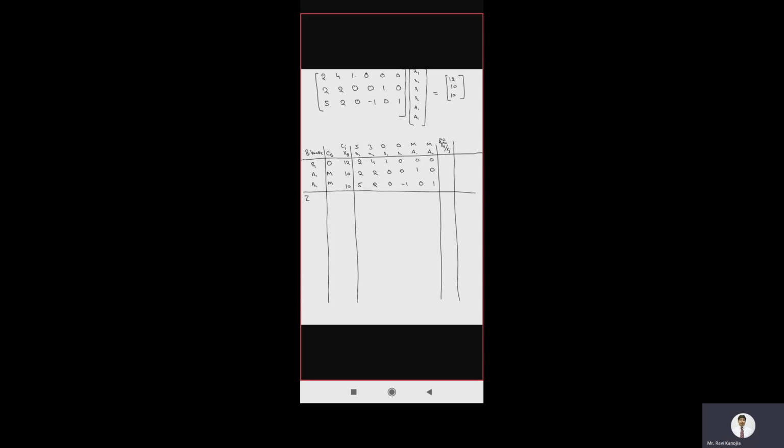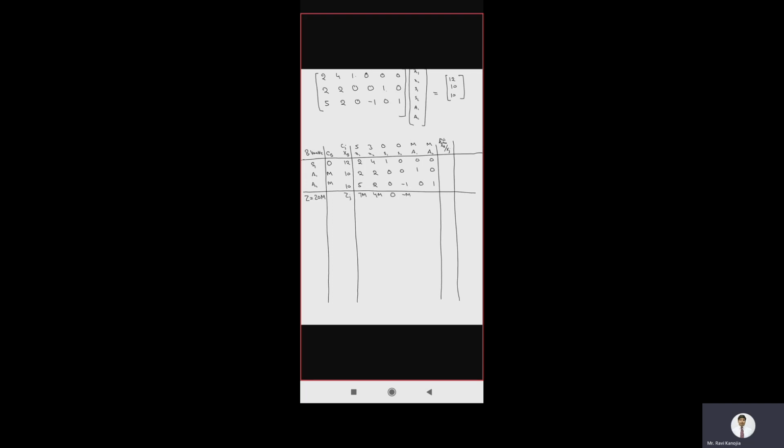So Z, the first entry is 20M. Here we have 20M. After that, we calculate Zj. So we can see that 2M plus 5M is 7M. Then we have 4M, 0.